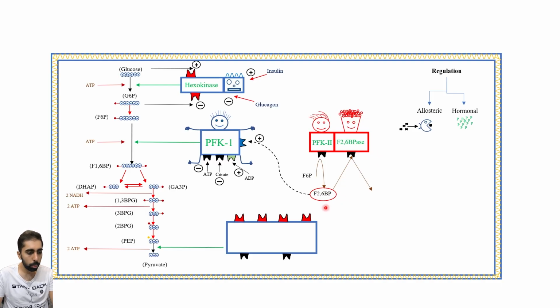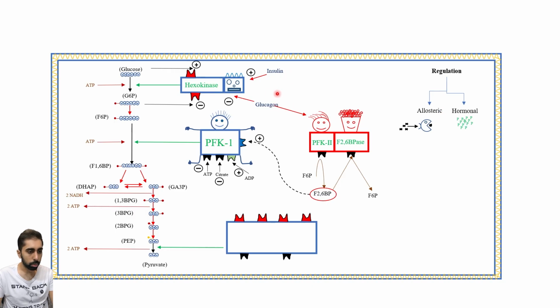So let's remove a phosphate group from this molecule, and it again turns into fructose 6-phosphate. So we can say PFK2 can actually stimulate PFK1, and fructose 2,6-bisphosphatase can inhibit PFK1.